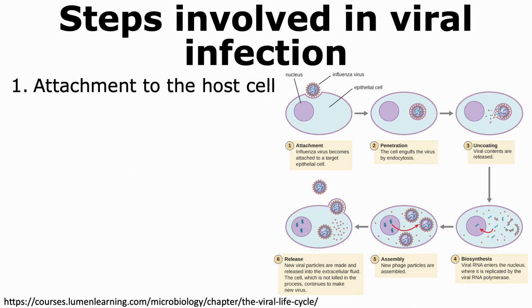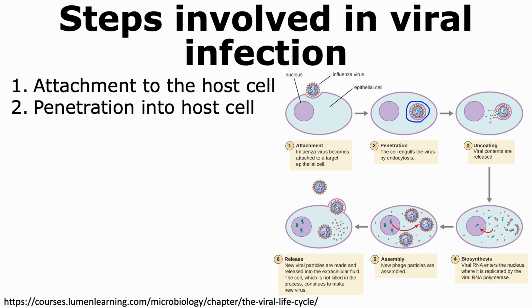The general steps of a viral infection include interacting with the cell that the virus plans to infect. This interaction then leads to an attachment to that host cell, and once the virus has made this attachment, it can penetrate into the host cell. Now, in some cases, this penetration is not necessary, but in many instances, it does occur.